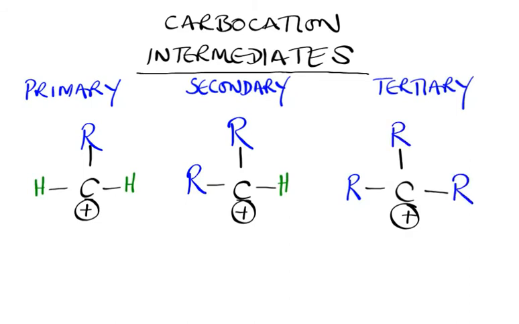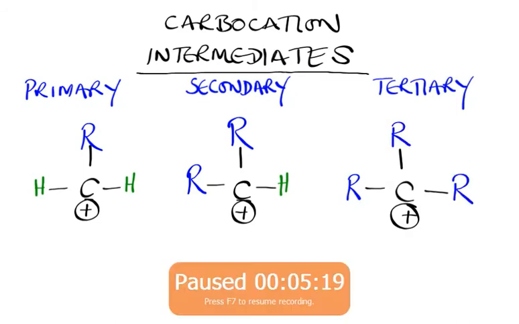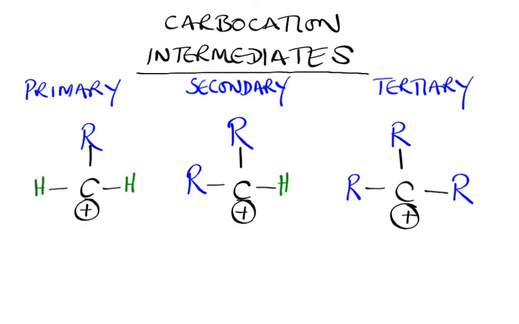So why do these R groups make a difference? Well, the R groups contain a certain number of carbons, and these carbon groups will contain more electron density, certainly than the hydrogens which might be attached.